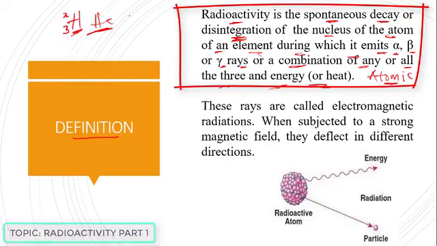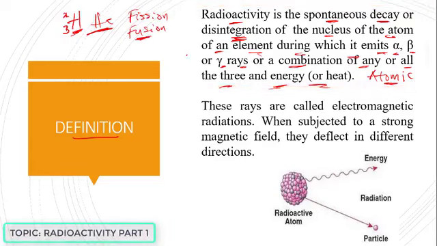Remember, in previous lessons we talked about fission and fusion, where we said fusion is a situation where one heavy nucleus is made to fuse or come in contact with another heavy nucleus, and both of them release a huge amount of energy.